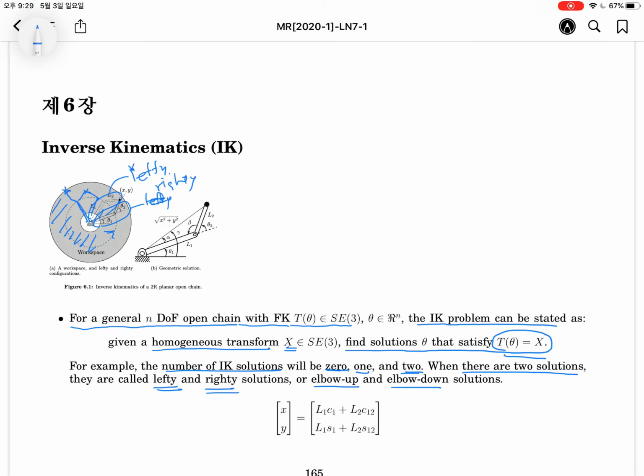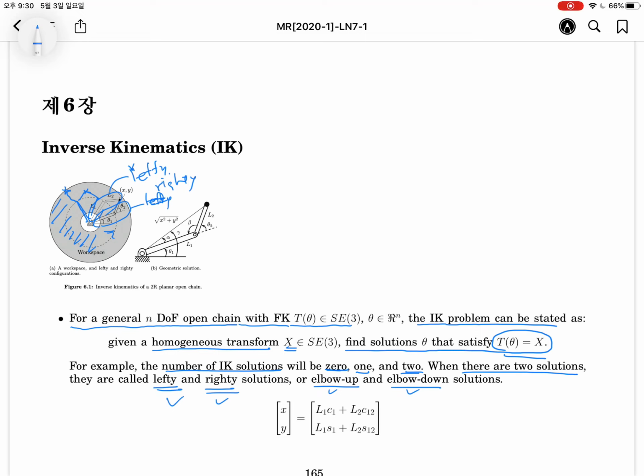Maybe you can imagine the elbow up posture or elbow down posture. In the case of the PUMA 560 robot system, there are four kinds of IK solutions for a specified desired posture. One posture, four IK solutions. That is called lefty, righty, elbow up, and elbow down.